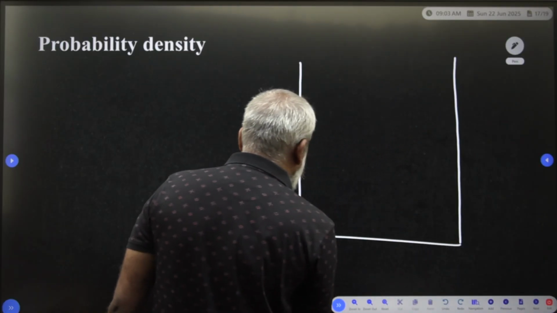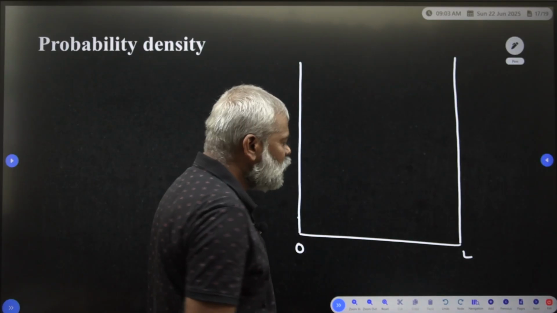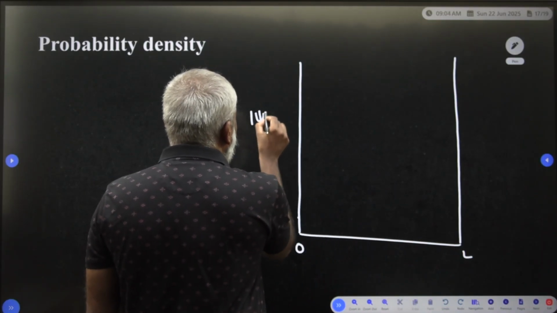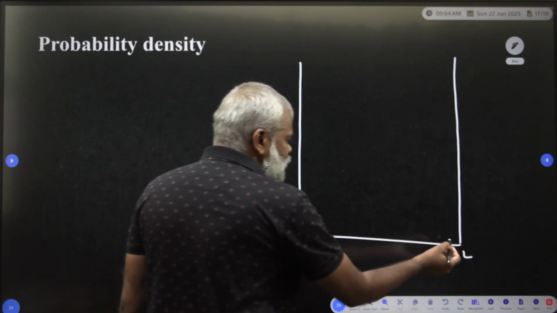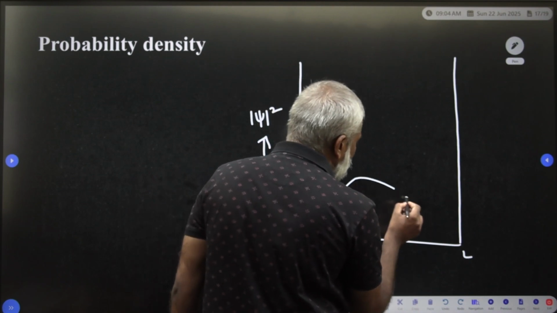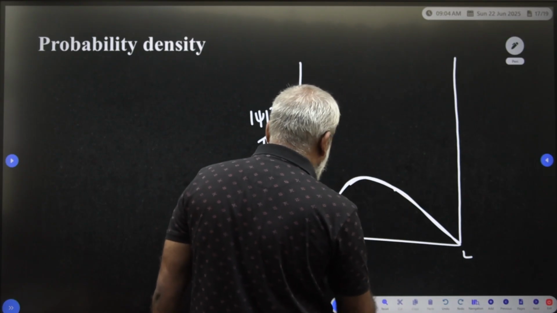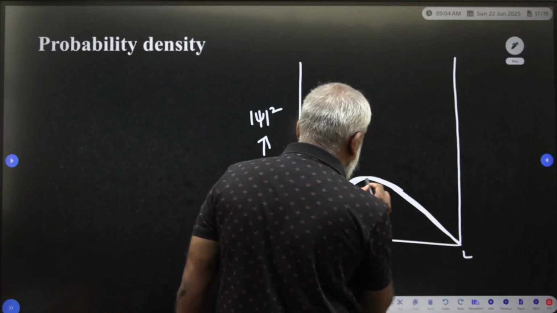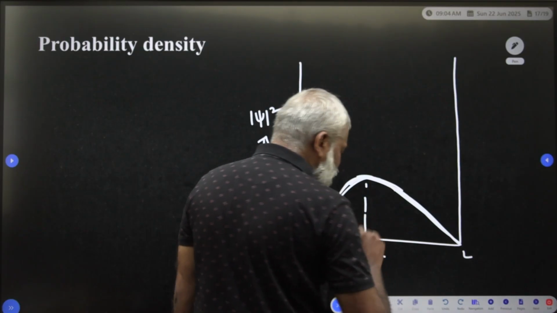For the 1-dimensional box, the length is 0 to L. On the y axis you have to consider the modulus of psi square, for x equal to 0 to L. Now take the first curve; the peak value you get is exactly in the middle.